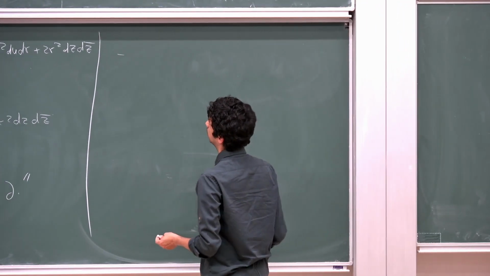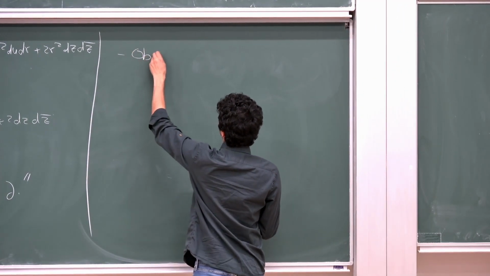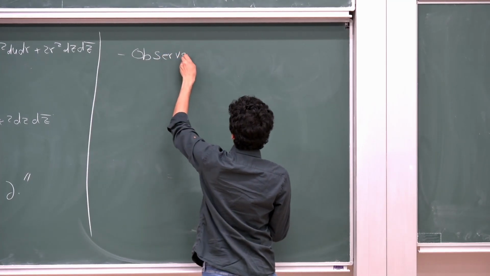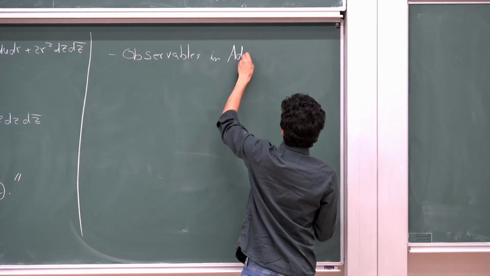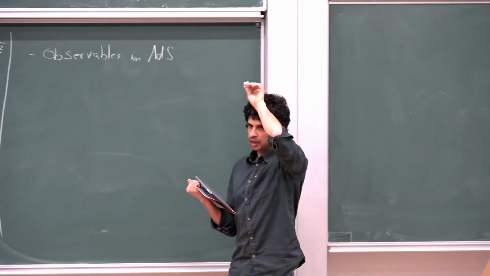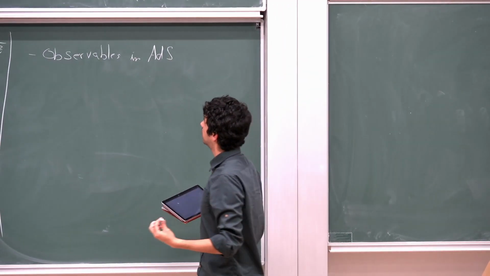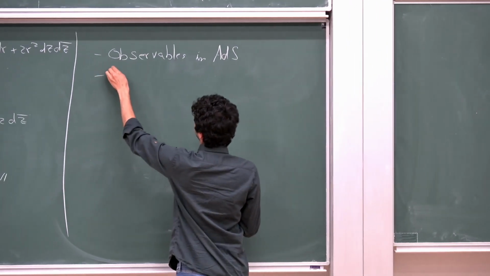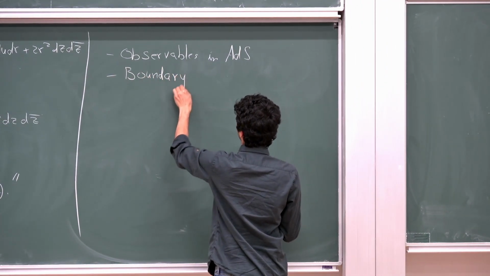So first of all, we want to take the flat limit of observables in ADS. And in a local quantum field theory, we could just compute local correlation functions, but with dynamical gravity, we can only compute boundary correlators. I'll define them more precisely in a moment.